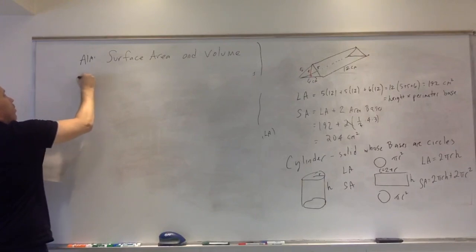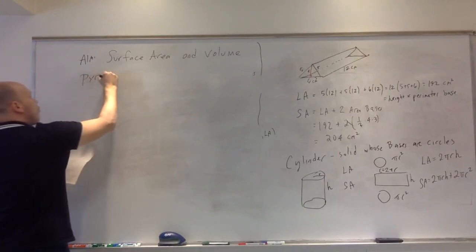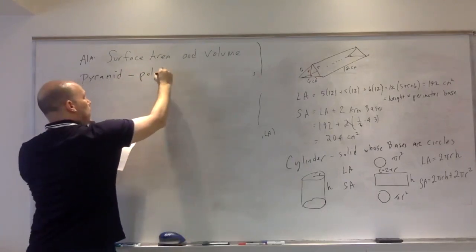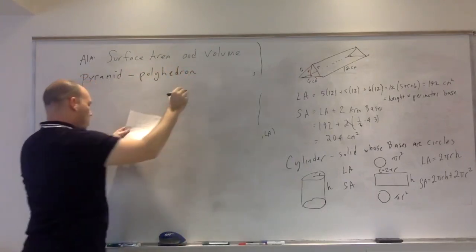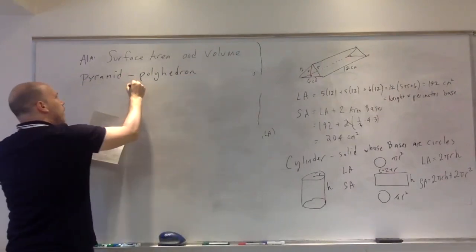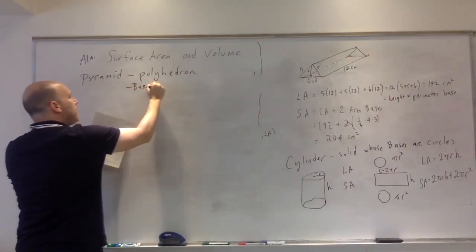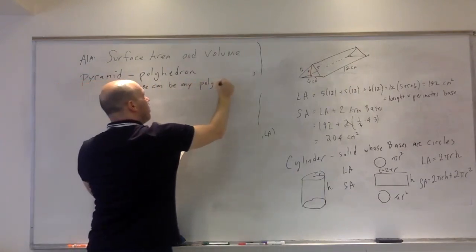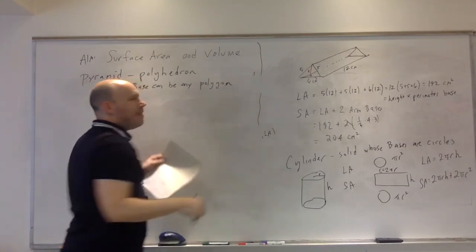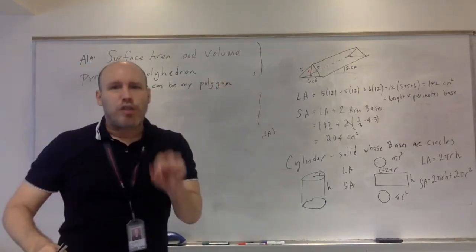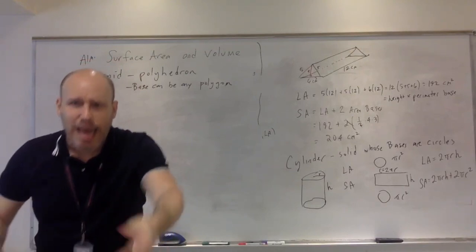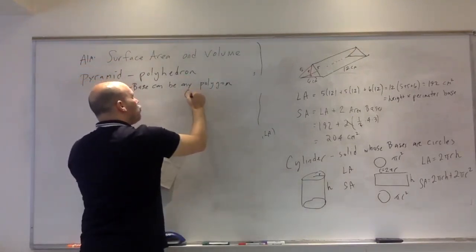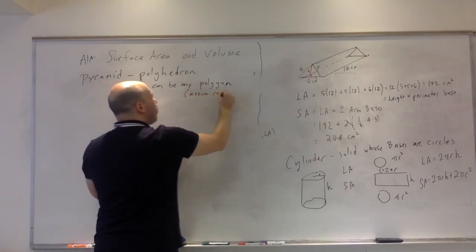What is a pyramid? Well, a pyramid is a polyhedron. The base can be any polygon. In this class, on the New York State exam and the IB exam, assume it's a regular polygon.